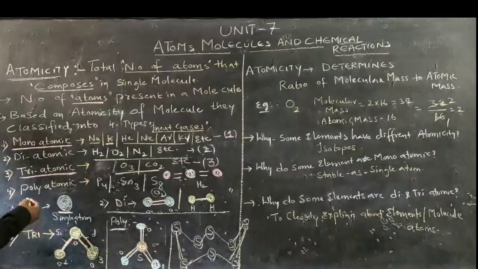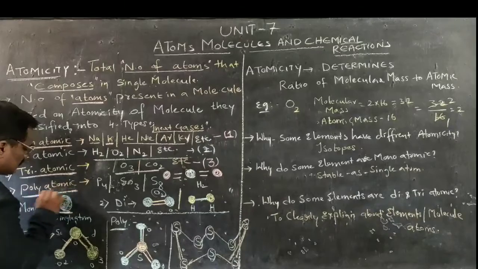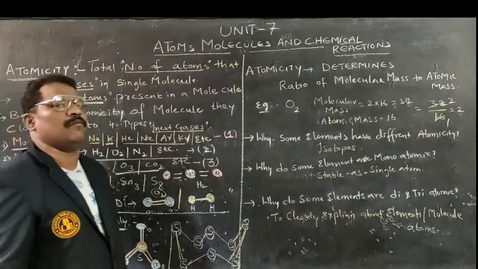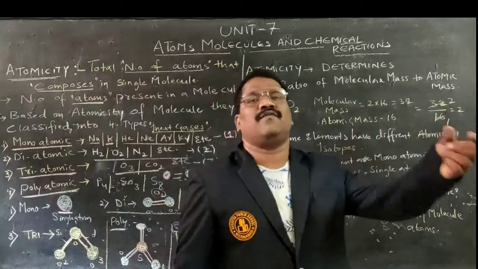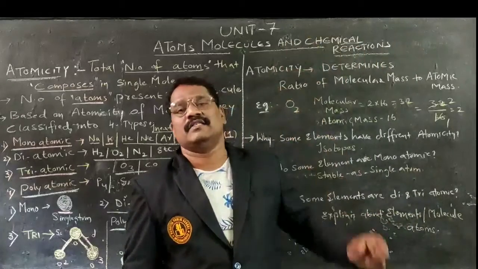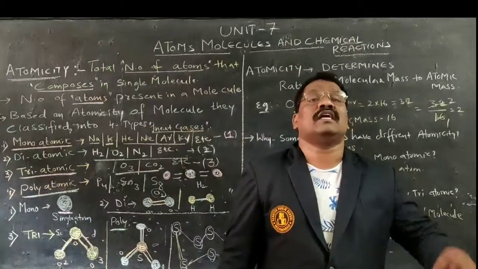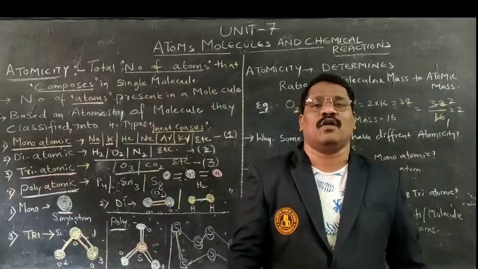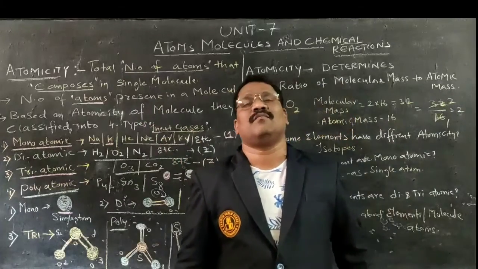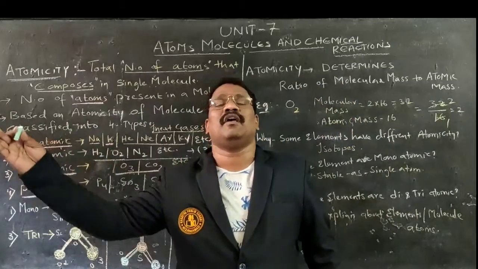Coming to polyatomic molecules. What are called polyatomic molecules? Those whose atomicity is more than 3 we call polyatomic molecules.